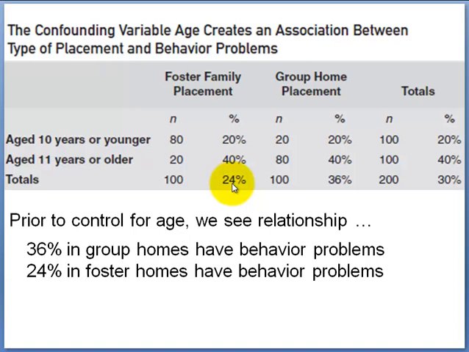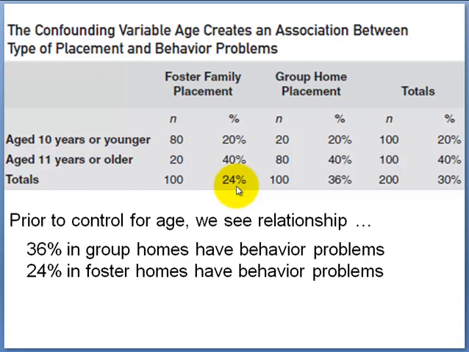So what we want to do next is see if we can get some handle on why we have this relationship. Is this relationship a causal one? In other words, is there something about type of placement that affects whether kids have behavior problems? We're seeing lower percentages of kids with behavior problems in foster family.